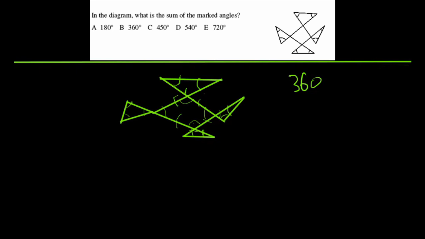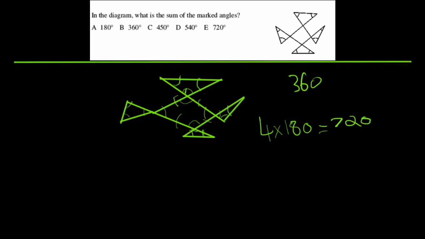And so we can therefore say that the sum of these marked angles here is 360 degrees also. Okay, so now if we take the 4 triangles, the sum of the angles in all 4 triangles is obviously going to be 4 times 180, which is 720.